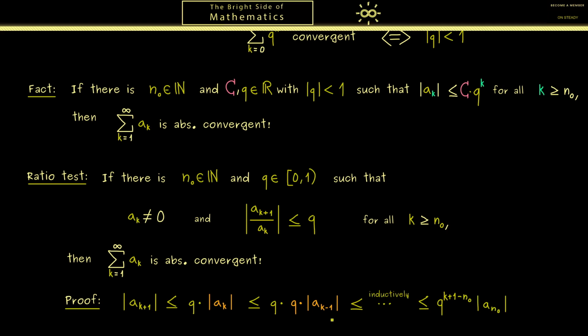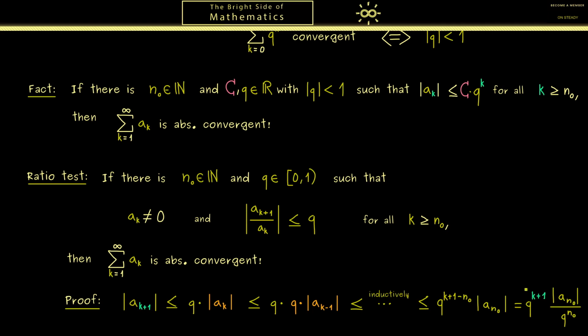Okay, and here we just have to count how many steps we have, so how many factors q we have. And it turns out we have k plus 1 minus n0. Of course, we can just rewrite this if you want with the correct factor k plus 1. Simply by dividing with q to the power n0. There you see, both things together gives us this power back.